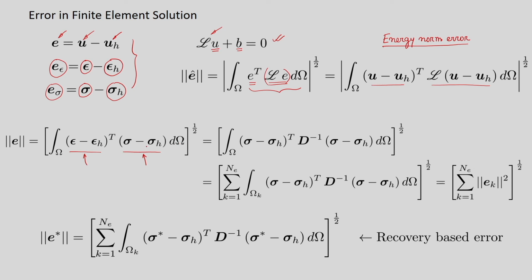So, that is something similar to the strain energy, but it is the strain energy corresponding to the error function E, alright. Similarly, we are integrating it over the whole domain of interest and we take the square root of that. So, that is what is called the energy error or energy norm error, alright. So, that is what has been written here. So, this is called energy norm error.